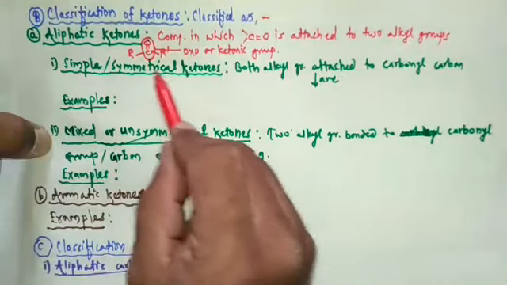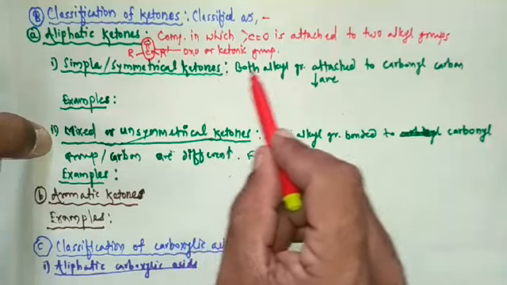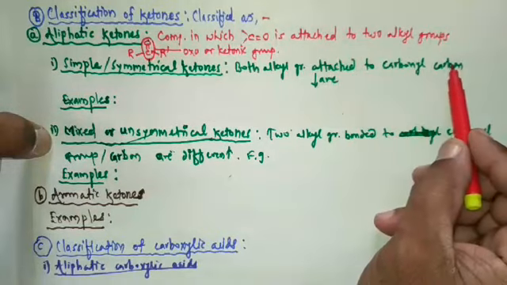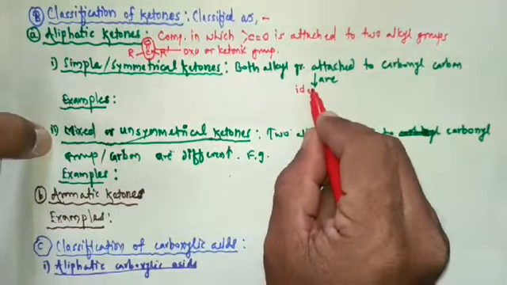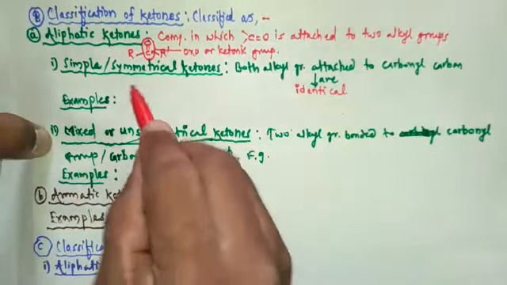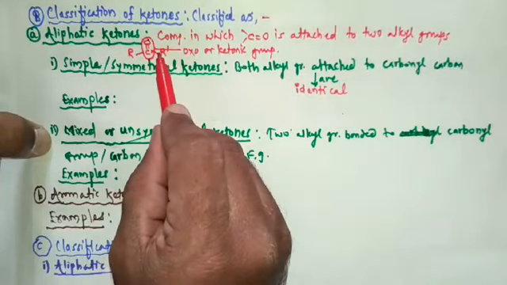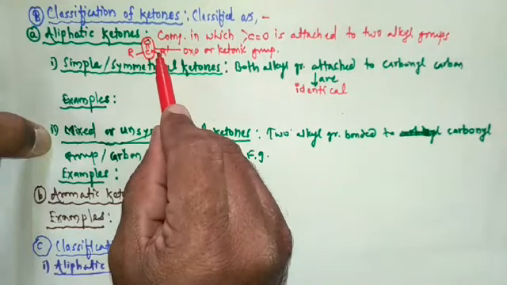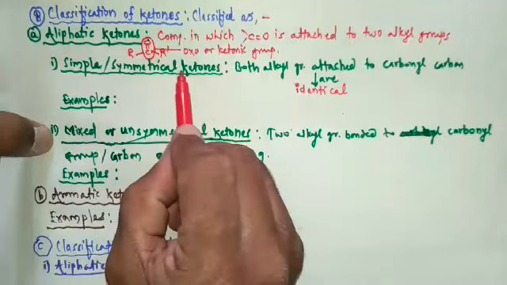Simple or symmetrical ketones are the ketones in which both alkyl groups attached to the carbonyl carbon are identical. Then such a ketone is called a simple or symmetrical ketone.